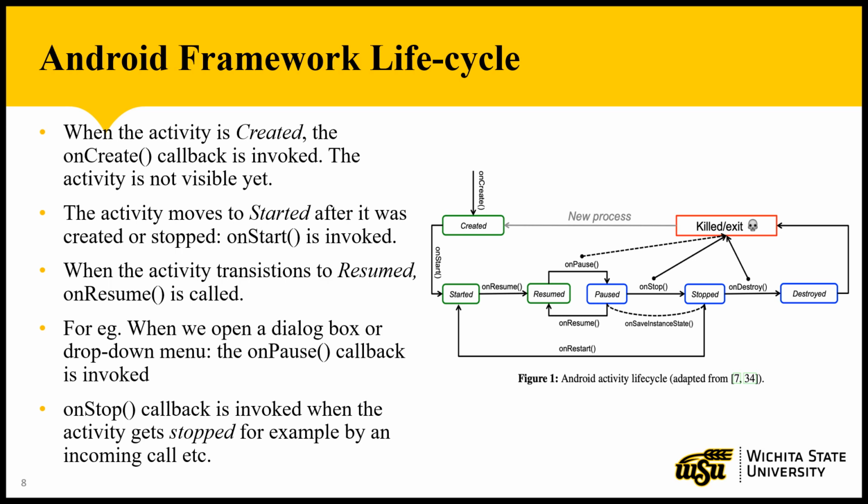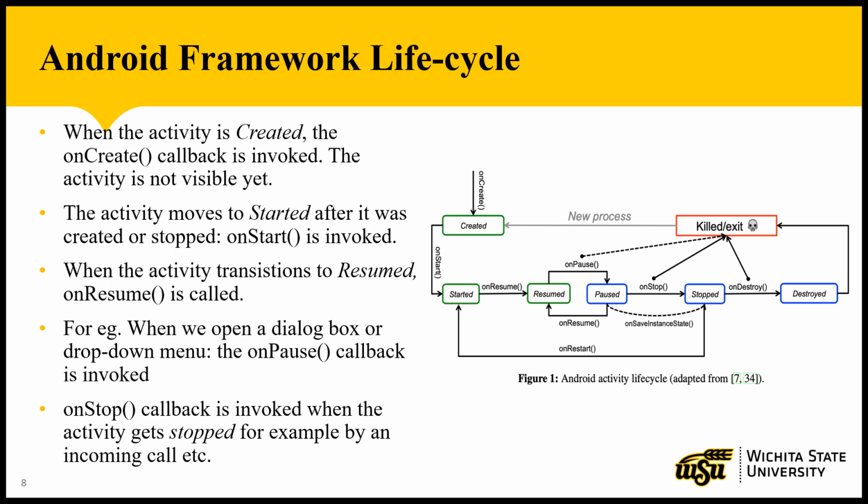The activity can become paused when it is partially or fully covered. For example, when you open the menu in an application, the onPause callback is invoked. When the activity becomes stopped, for example when you get an incoming call, the onStop callback is invoked. The activity can be restarted after the phone call completes.